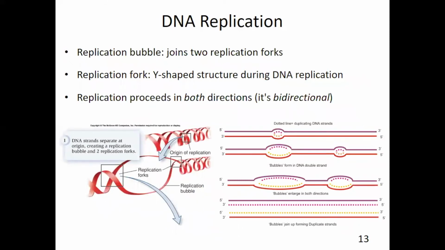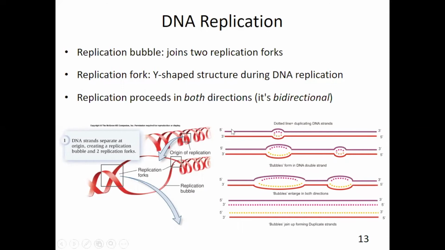So this figure shows really nicely what I mentioned earlier regarding multiple origins of replication. So again, eukaryotic chromosomes are linear. So we see they are these very long strands.